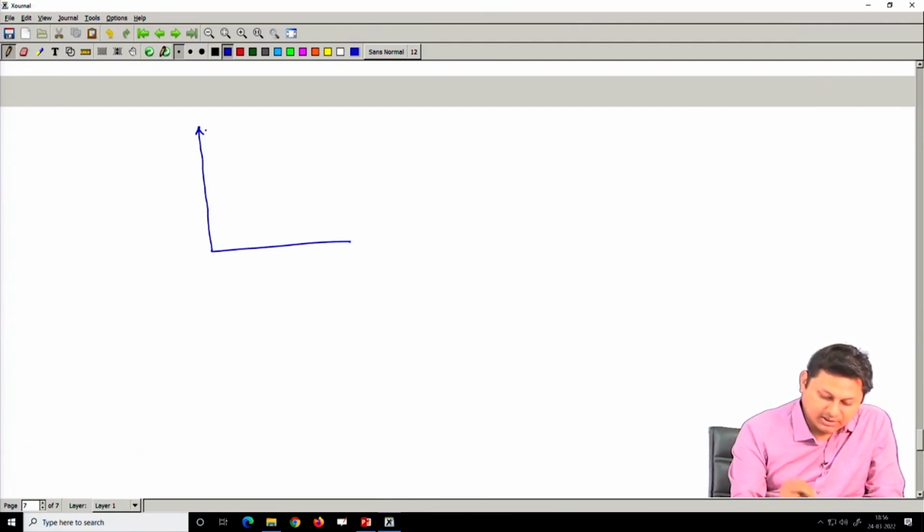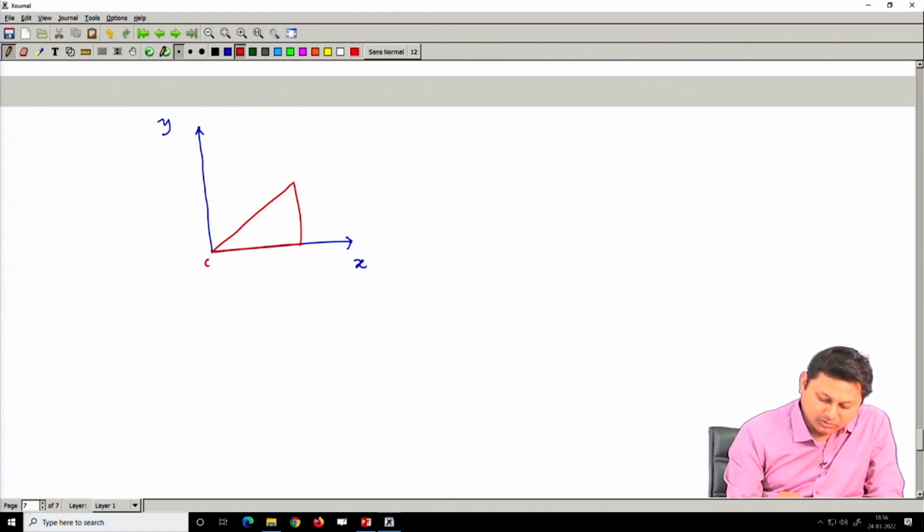Suppose I have a two-dimensional coordinate system, let us make life simple, x and y, and I am giving a path. Suppose the path goes from here to here, then goes here and comes back.